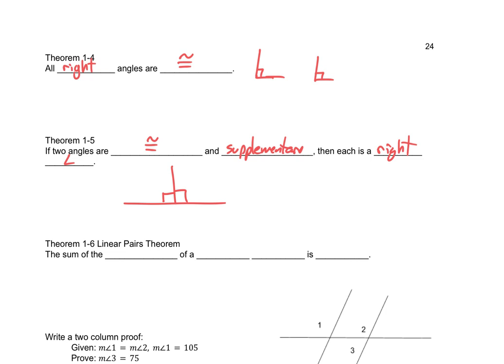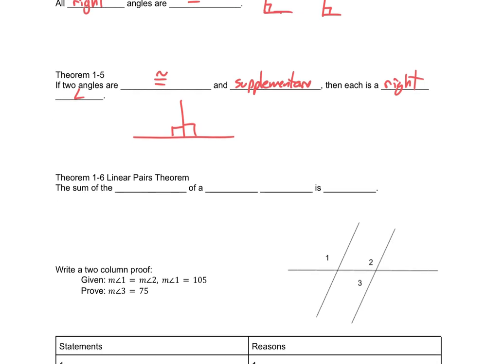In the linear pairs theorem, the definition of a linear pair is two angles that form a straight line. So the sum of the measures of a linear pair is 180 degrees.